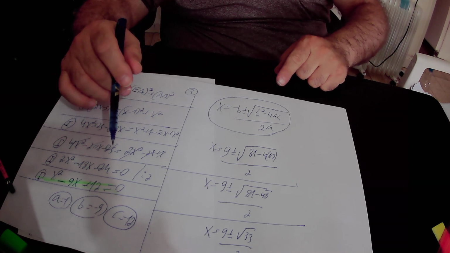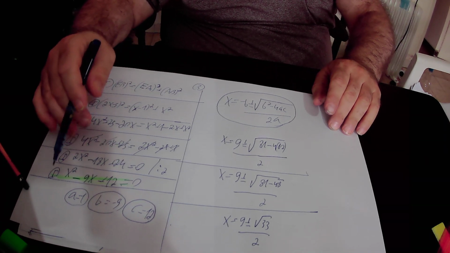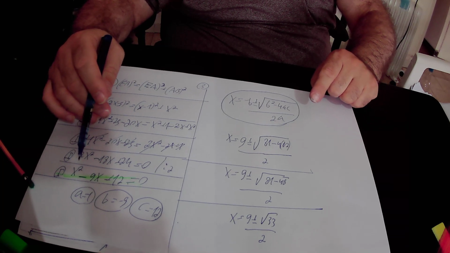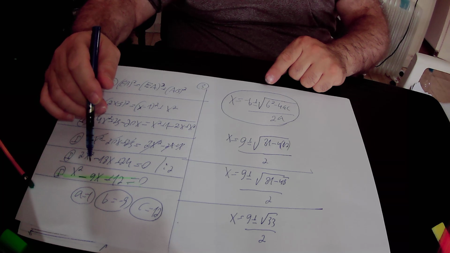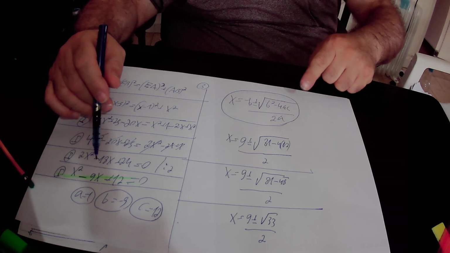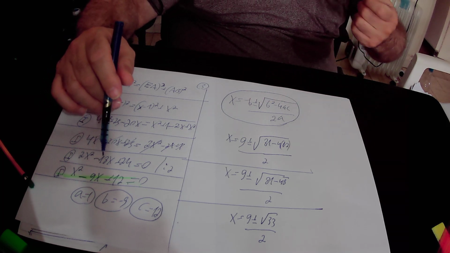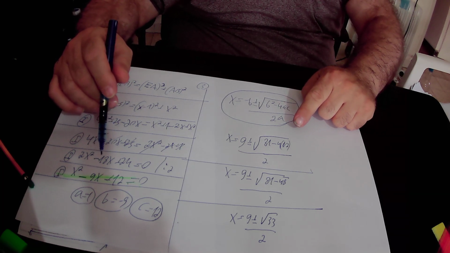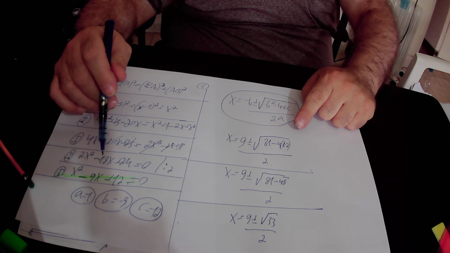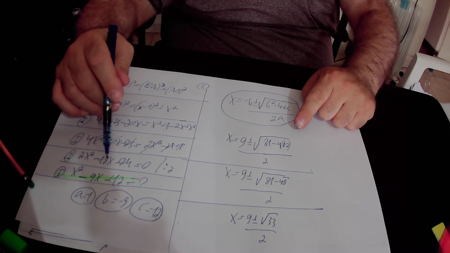Here, in our specific quadratic equation, x equals minus b, b equals minus 9, so minus b is plus 9, plus minus square root of b squared, b equals minus 9, so b squared is 81, minus 4 times a, which is 1, times c, that is 12.